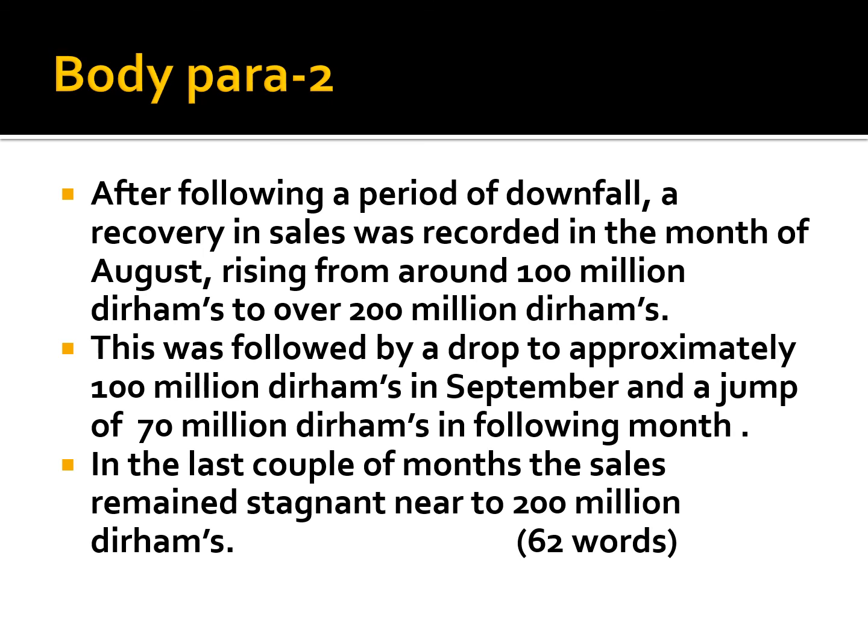This was followed by a drop to approximately 100 million dirhams in September and a jump of 70 million dirhams in the following month. We can even write in the following month. Our last sentence is, in the last couple of months, comma, there should be a comma, I'm sorry for this, the sales remained stagnant near 200 million dirhams.